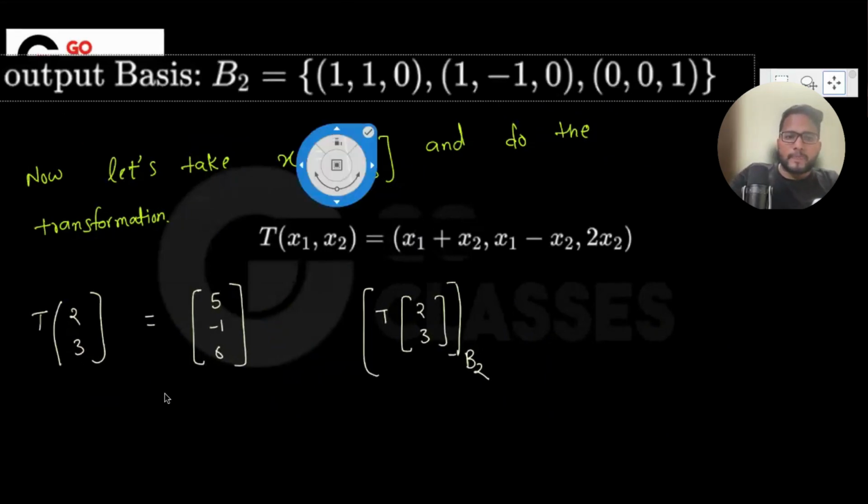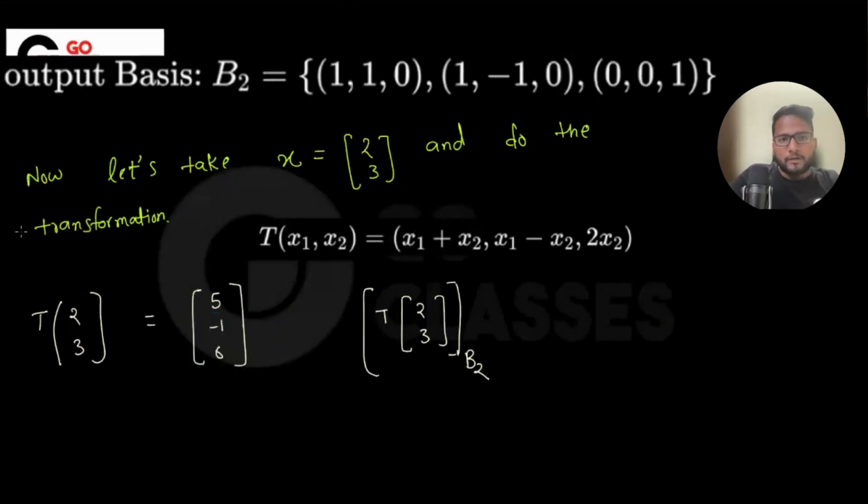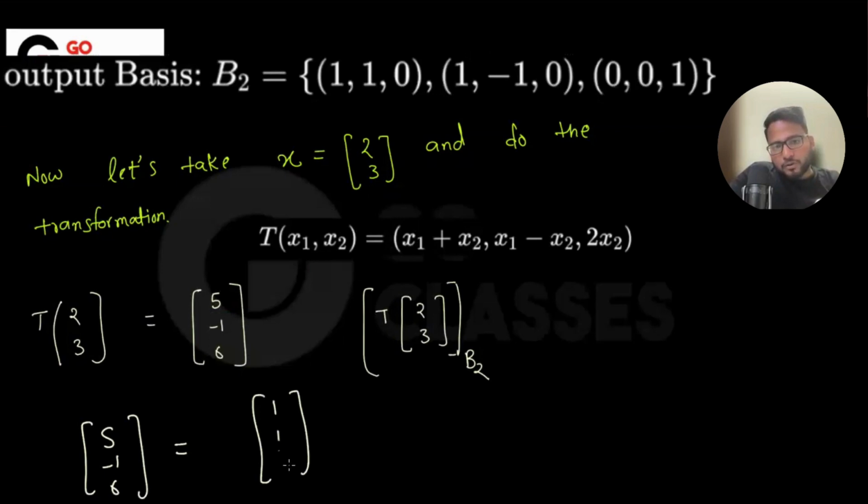Now, can anyone tell me this 5 minus 1 and 6 equal to something into 1 1 0 plus something into 1 minus 1 0 plus something into 0 0 1?